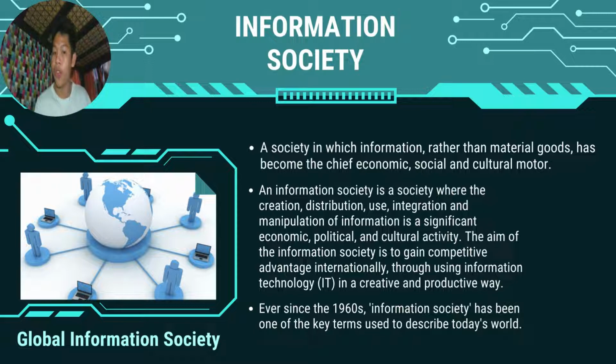The aim of the information society is to gain competitive advantage internationally through using information technology or IT in a creative and productive way. So that picture, on the left side, is one example of the global information society.